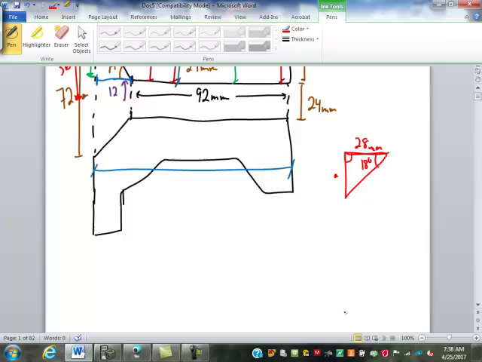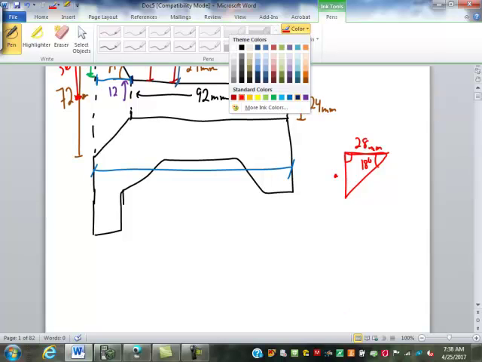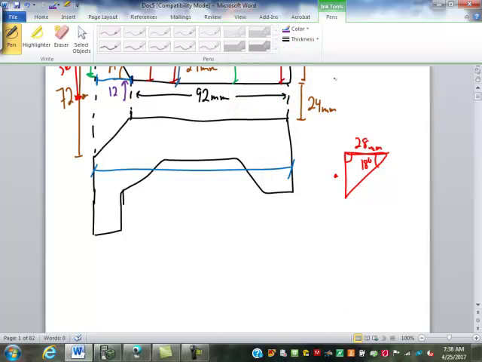What trig function am I going to use? Yeah, with this angle, the side I have is the adjacent side. The side I'm looking for is the opposite side, so that is a tangent. Definition of tangent: tangent of an angle is opposite over adjacent. So I do know the angle is 18.